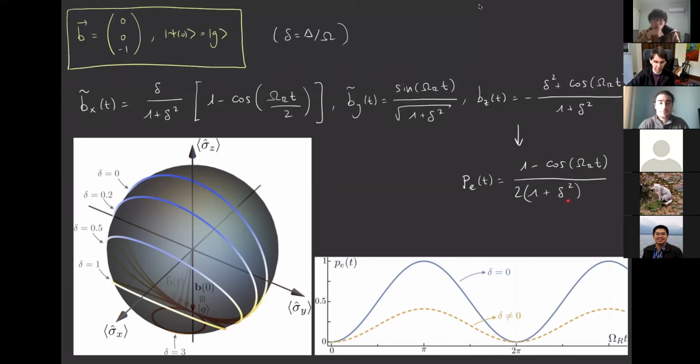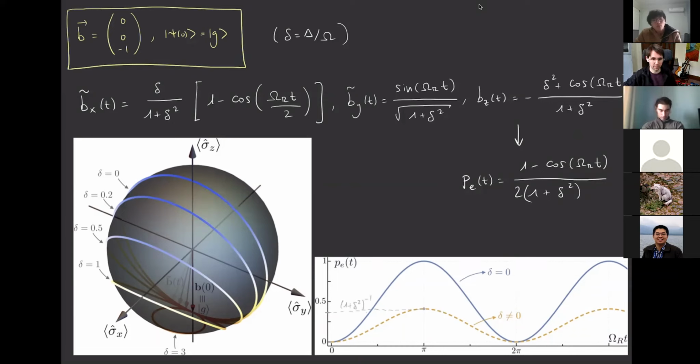And what is the effect of having a delta different than 0? I show it here. The effect is that now we get to a maximum that is no longer exactly unity, but a point in here, which is precisely given by the factor 1 plus delta squared to the minus 1.